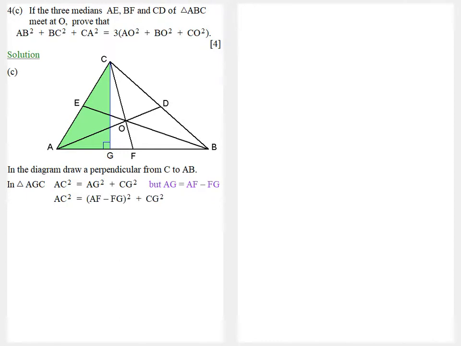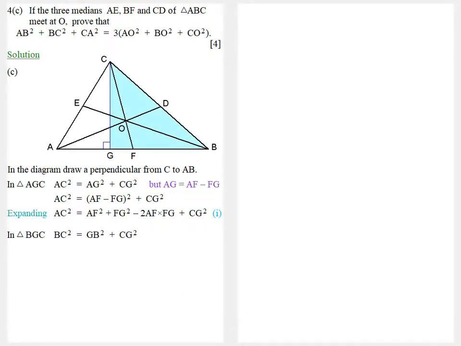Substituting that in, AC squared equals (AF minus FG) all squared plus CG squared. Expanding the brackets, AC squared equals AF squared plus FG squared minus twice AF FG plus CG squared.